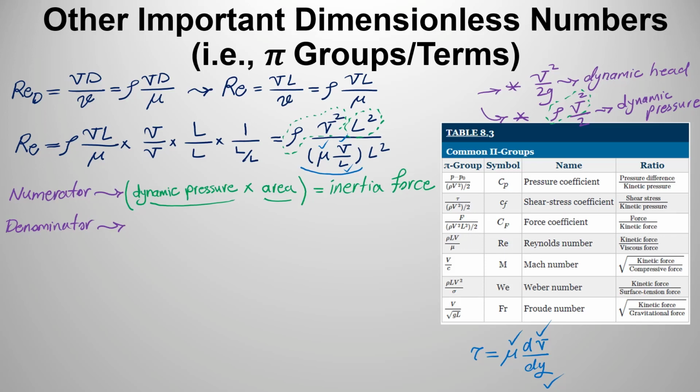So I'm going to write the first term is viscous stress, right? Times, what's the second term? The second term over here is, again, L to the power 2, some kind of area. Now, stress was force divided by area, right? Force divided by area times area would be some kind of force. What kind of force? It would be viscous force.